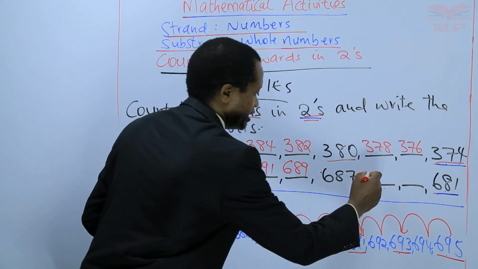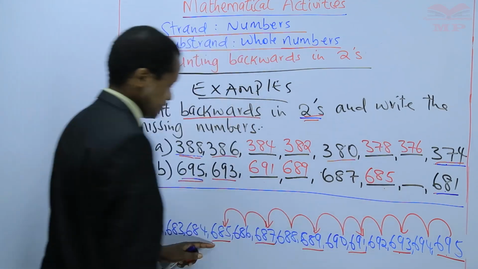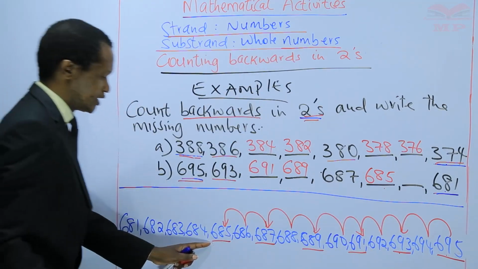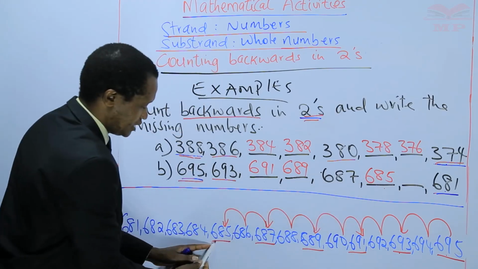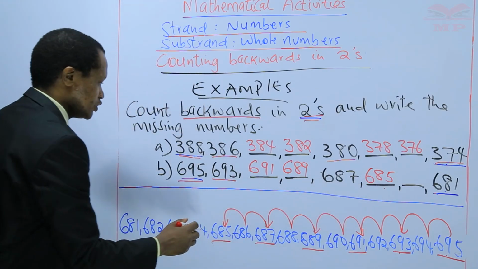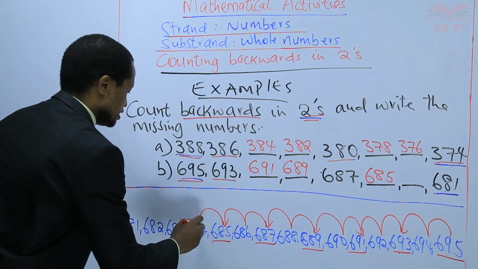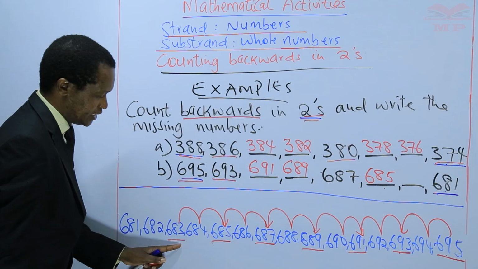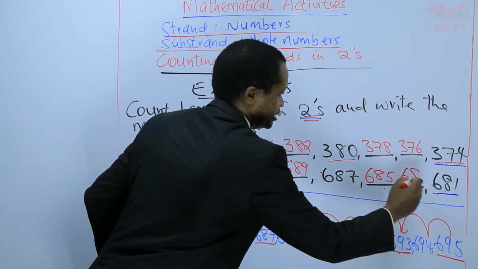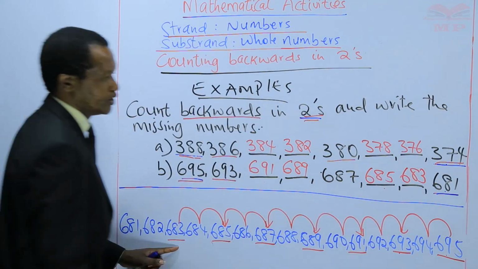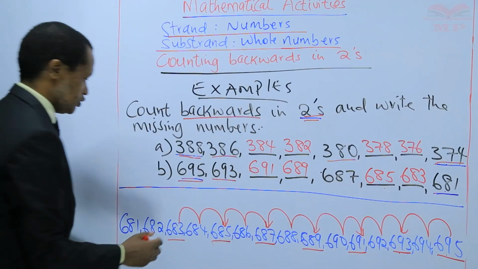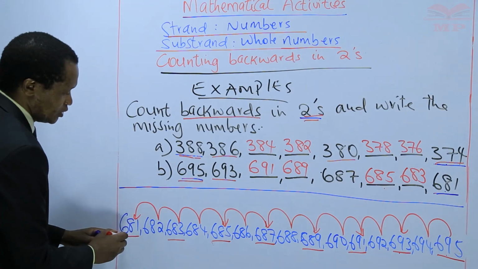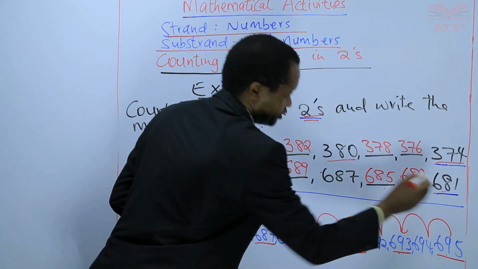So I write 685. The next number is missing, so from 685 in our working we move 2 steps back and get 683. There is no other missing number, but if you go back, you'll arrive at 681, which is provided in the question.